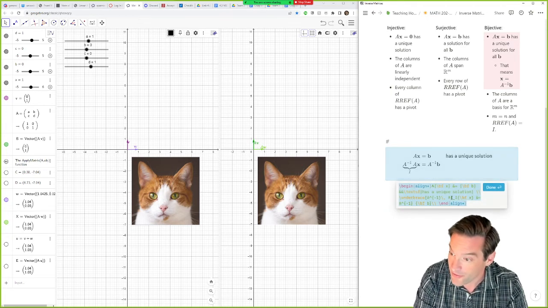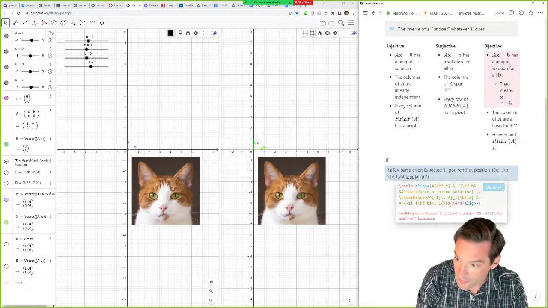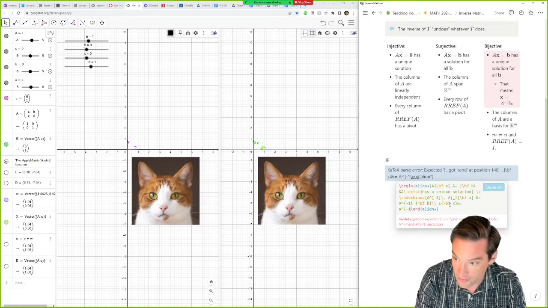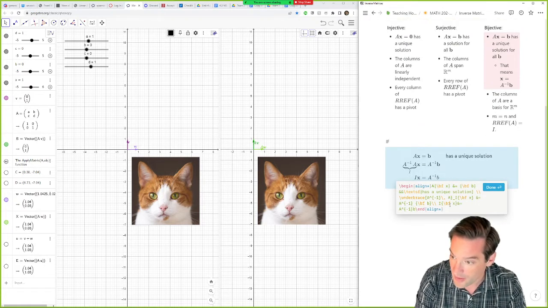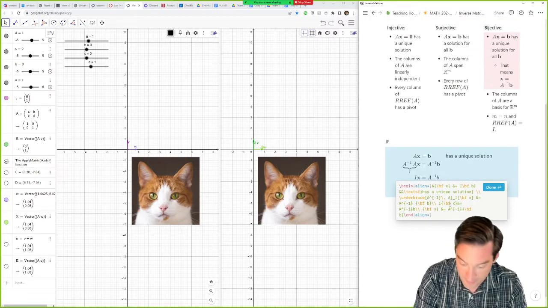And so if I can find such a matrix, then that matrix will be useful for solving this matrix equation, because we'll get Ix equals A inverse b. And since I is the identity matrix, the left-hand side will just be x equals A inverse b.